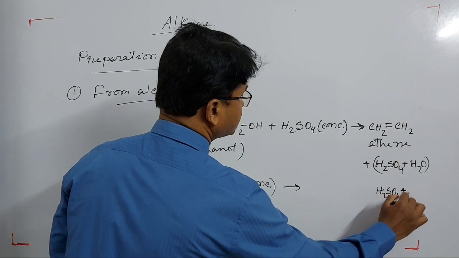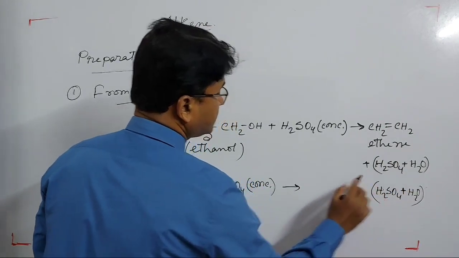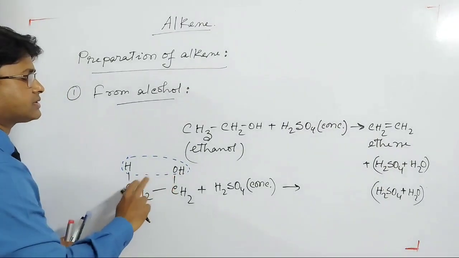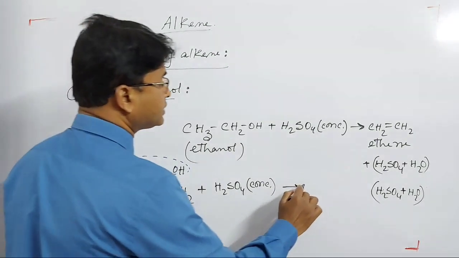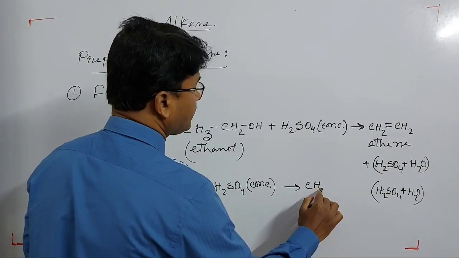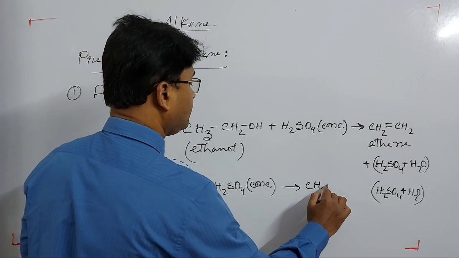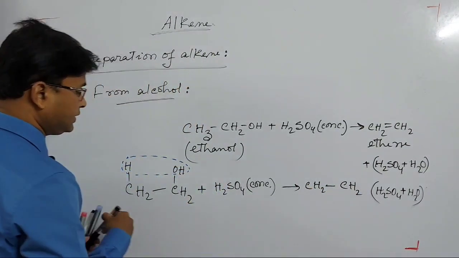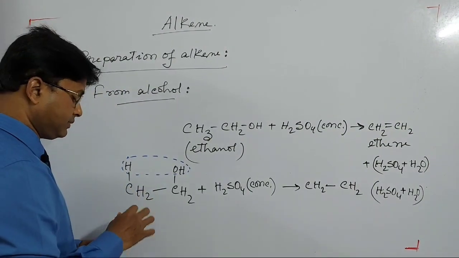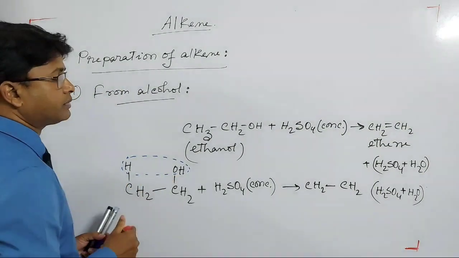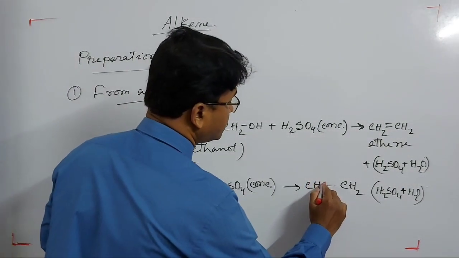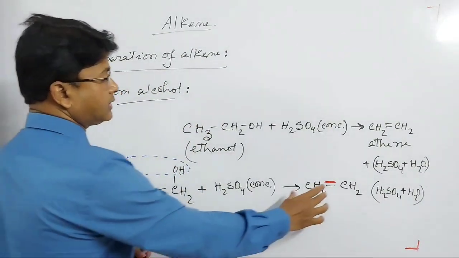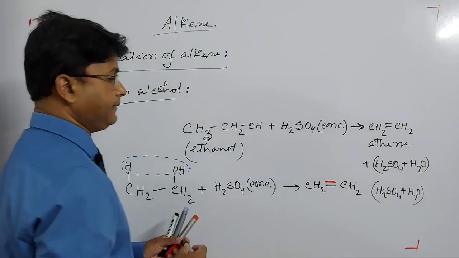H2SO4 plus H2O. Dear learners, if you observe the reaction, we will see that in this case two bonds are broken. When two bonds break, there will be a new bond, and there is already a carbon-carbon single bond, and due to the breaking of two bonds a new bond is formed, and that's why I have given here a new bond, and the name of this compound is ethene.